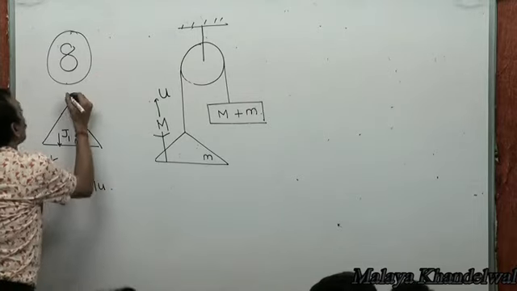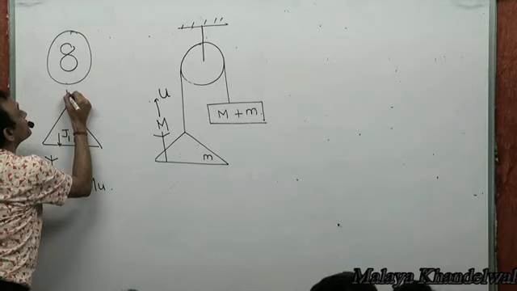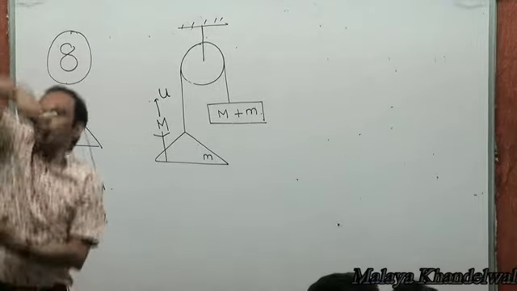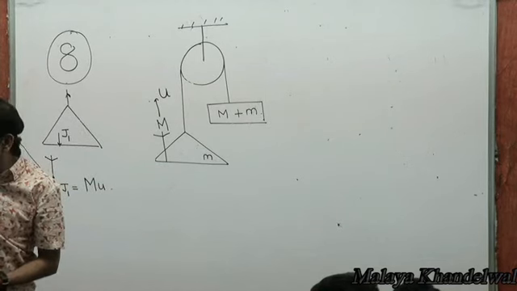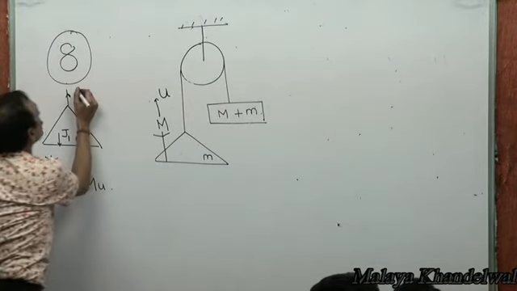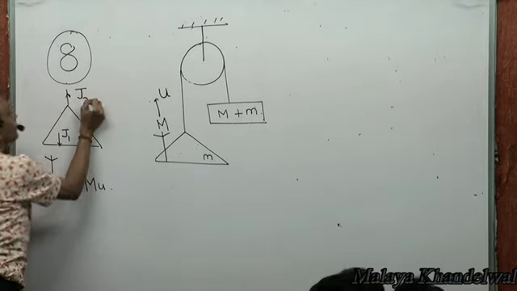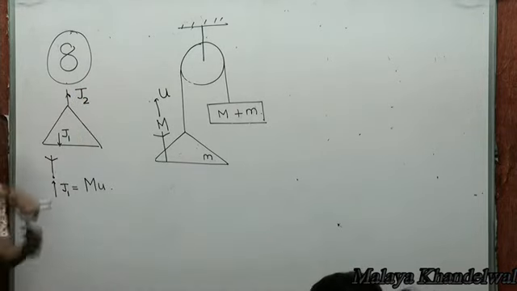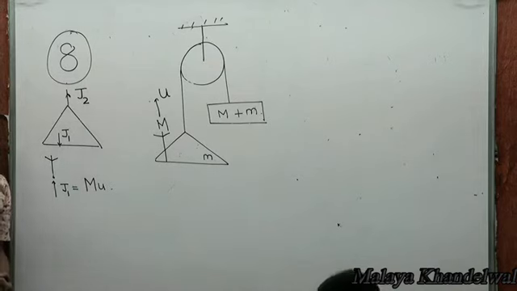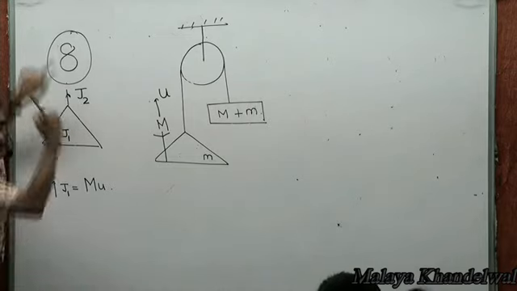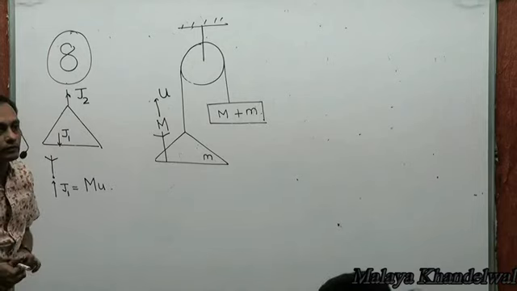So the platform will experience, because of the string, an upward impulsive force. Say the impulse because of the string is J2 on the platform. It's going to be upwards only, isn't it? The string will always pull, will never push. So the impulse because of the string on the platform is going to be J2 upwards, yes or no?